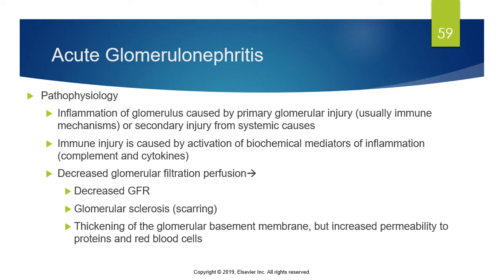Acute glomerulonephritis is inflammation of the glomerulus caused by primary glomerular injury. And the injury increases glomerular membrane permeability and reduces glomerular membrane surface area. So the result is decreased glomerular blood flow, which results in hypoxia, causes further injury, a decrease in the GFR, and an increase in serum creatinine levels.